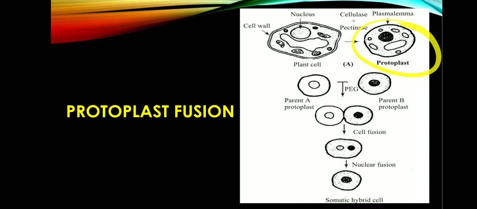We are going to remove the cell wall of the two cells by an enzyme called lysozyme. So to remove the cell wall of a bacteria, we use the enzyme lysozyme. If it is a fungi, then we use the enzyme chitinase or cellulase, wherein the cell wall will be broken down. Once the cell wall is broken down, the resultant is called a protoplast. It is nothing but a cytoplasm surrounded by a plasma membrane.